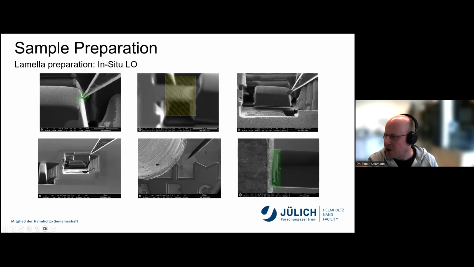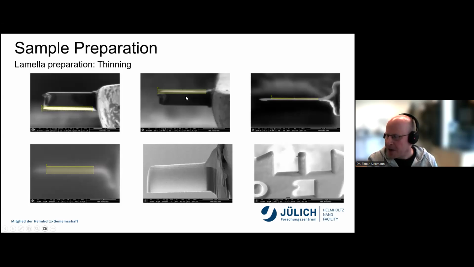Then the last remaining connection is cut away, and the chunk is directly connected to this lift out needle, then taken out of the trenches that we just prepared, and attached to a lift out grid, and glued back to this lift out grid again with this gallium beam induced vapor deposition. And then after that, the needle is cut off.